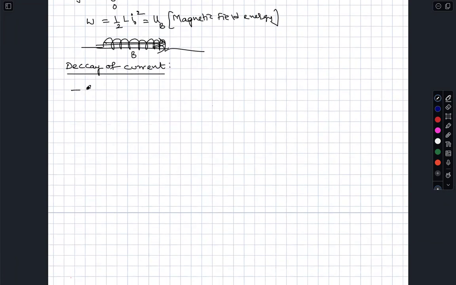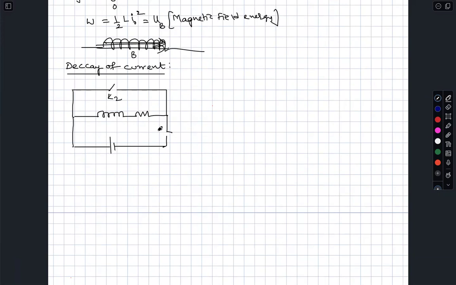What is the meaning of decay of current? Right.